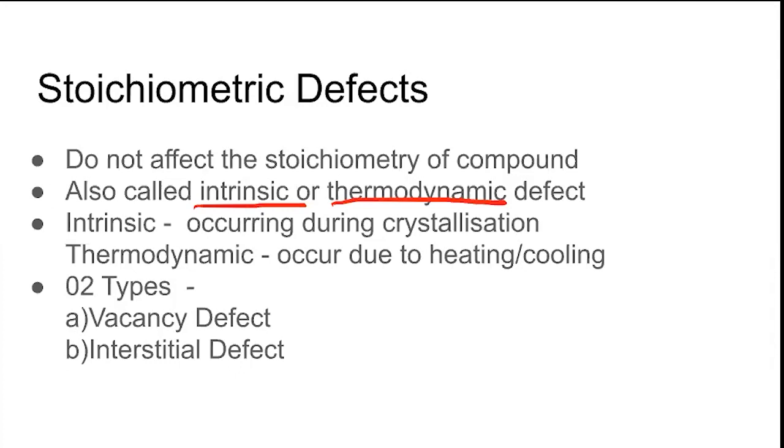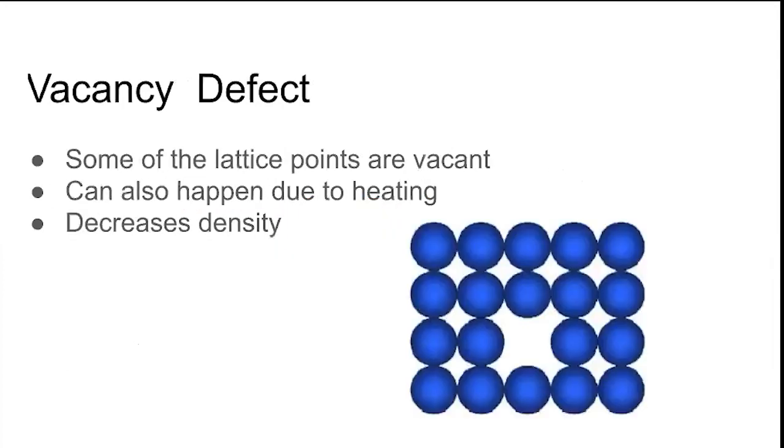When it occurs due to heating or cooling, again there are 2 types: vacancy defect and interstitial defect. Vacancy defect, and second is interstitial defect. We'll see in the next slide. Vacancy defect, very easy. You can see there is a vacancy created here.